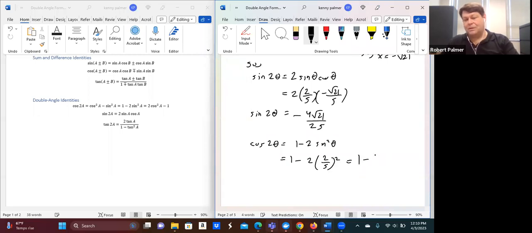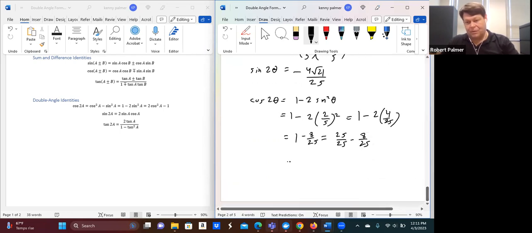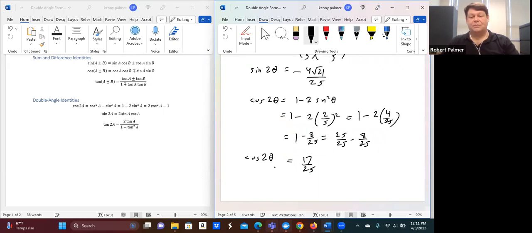So 1 minus 2 times 4/25. That's going to be equal to 1 minus 8/25. Now make 1 be 25 over 25, so we have a common denominator. And so finally, the cosine of 2 theta is going to be 25 minus 8, or 17/25.